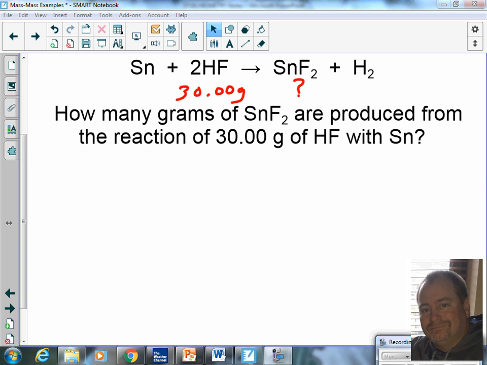Well, it's close, but that's not exactly it. Is that what you guys got? HF. Okay. HF, 20.00634 grams per mole. What about tin 2-fluoride?